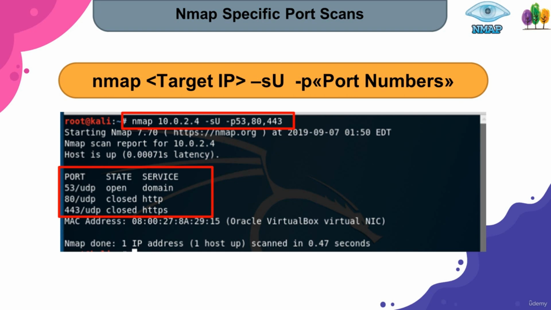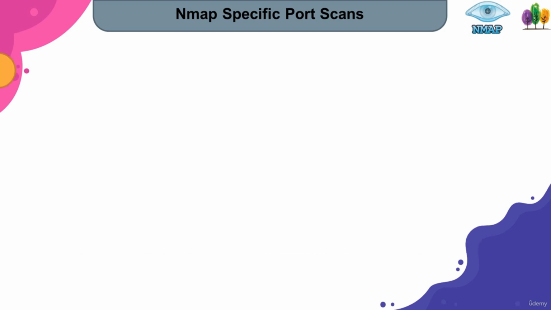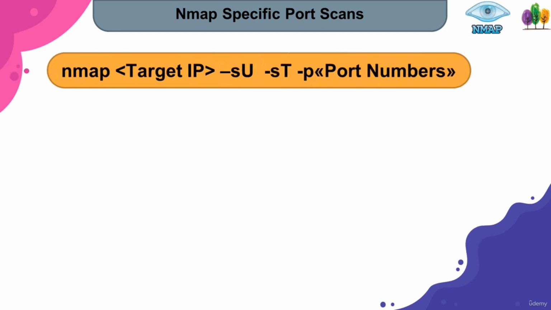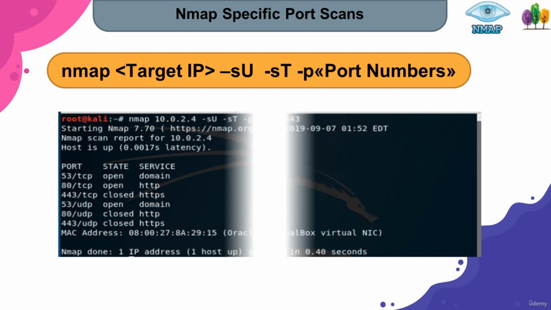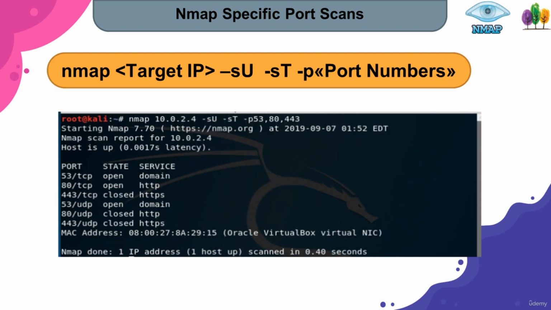Now, both TCP and UDP port scanning can be performed at the same time. When you want to do that, you write this into the command line: nmap -sT -sU -p53,80,443 and press enter. And there you have it. Both TCP and UDP ports show up in the port scan results.